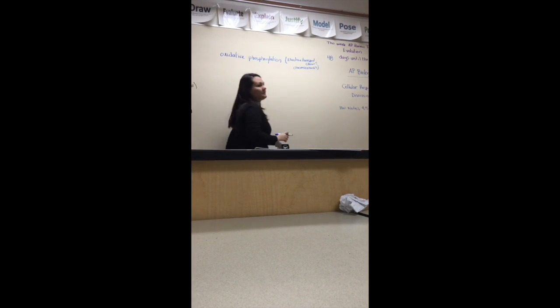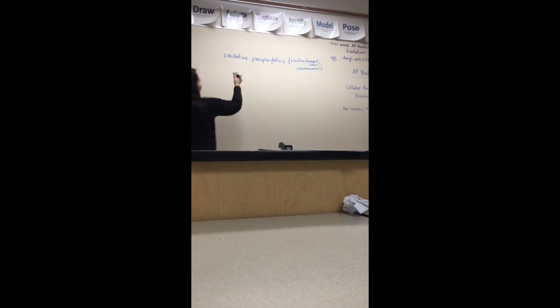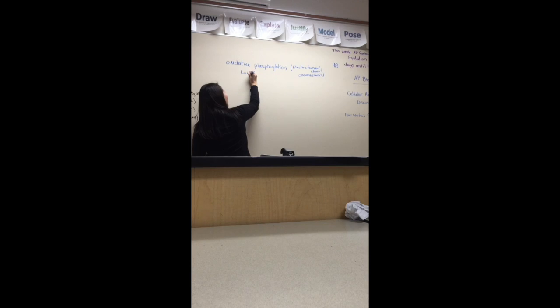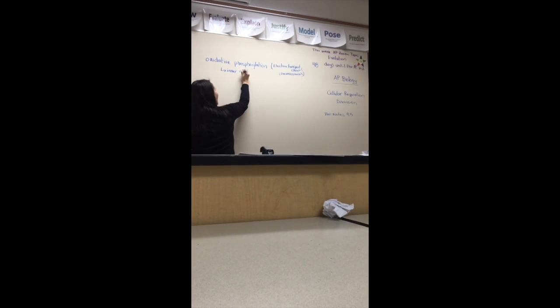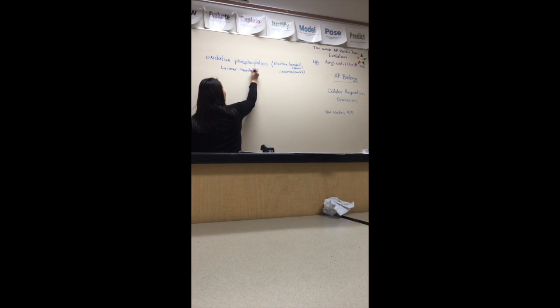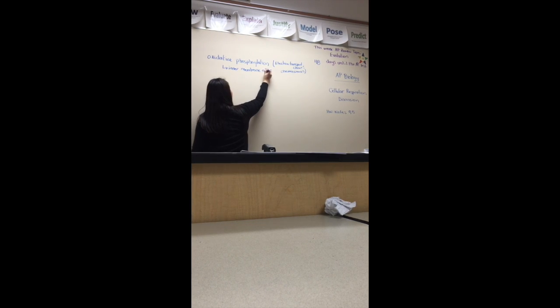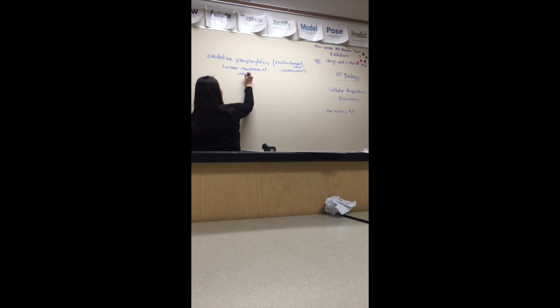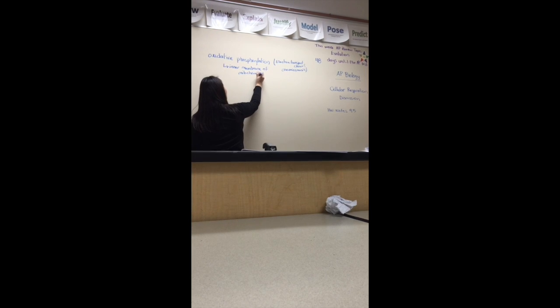As part of it. And where did I say this happens? The inner membrane of the mitochondria. Okay, awesome. So it's on the inner membrane of the mitochondria. So I'm going to draw this out.